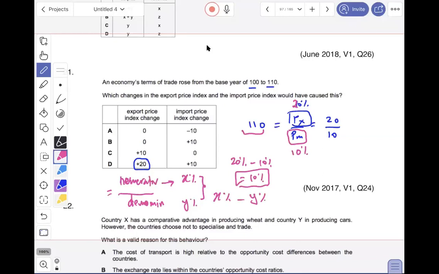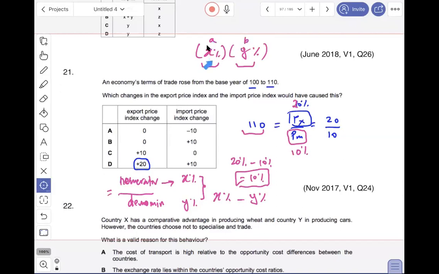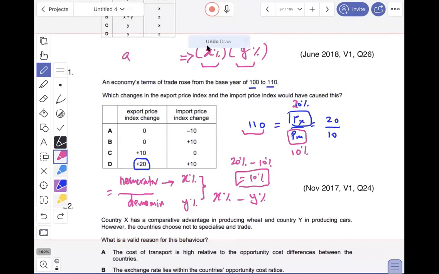Similarly, if two expressions are multiplied, this is going up by X%, this is going up by Y%. Let's say this is A and B. If they give you the percentage growth of each and ask what's the total growth, you'll say X plus Y. Make sense?